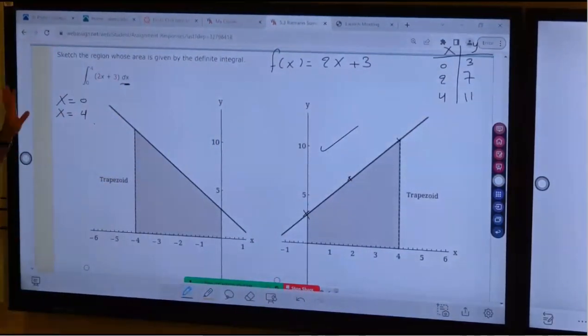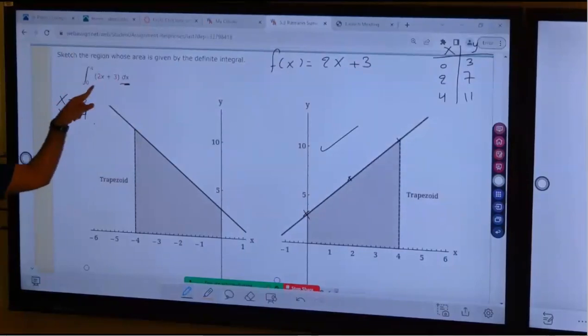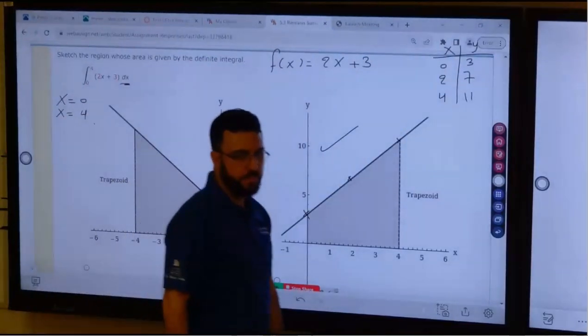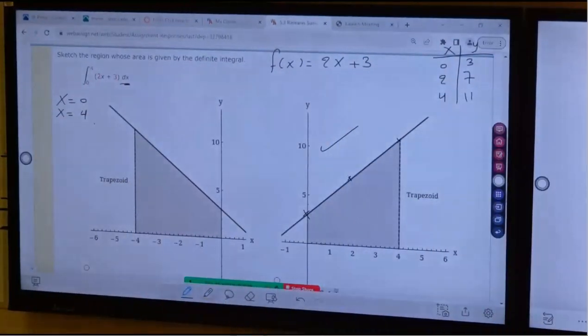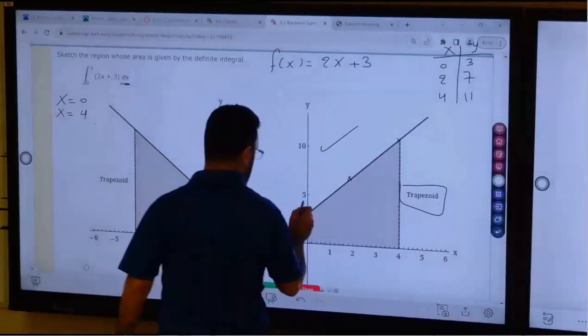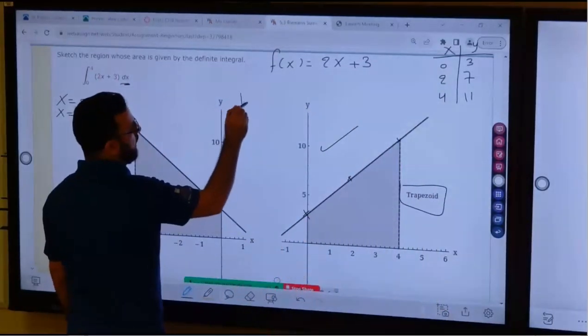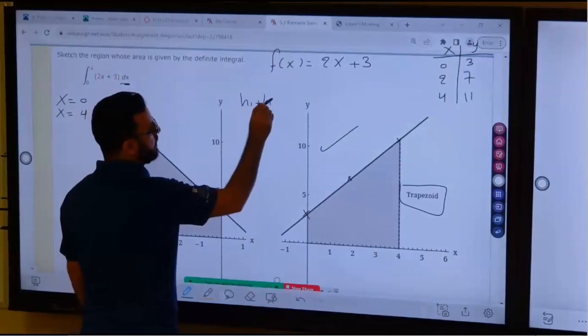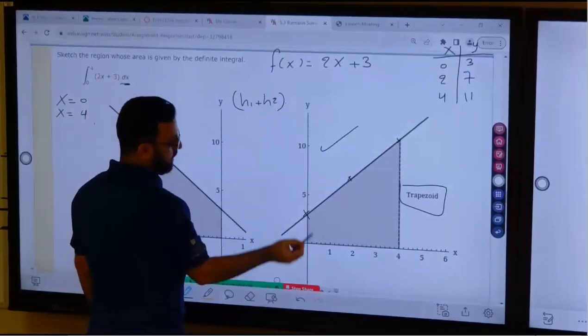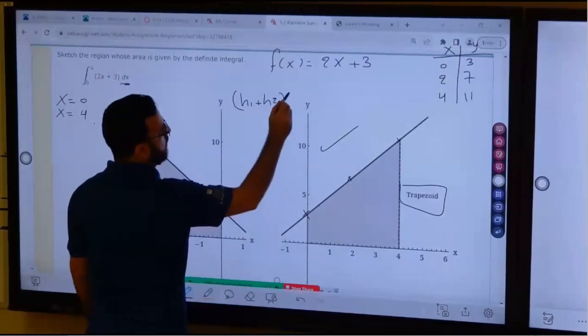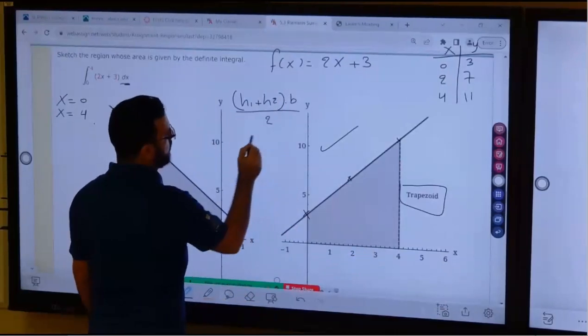Okay, so it's telling you the coordinate for the x from a to b. You just have to graph the y to get the right graph. And they're telling you the formula is what? This is the first height. Again, h1 plus h2, you're gonna multiply by the base and divide by 2.